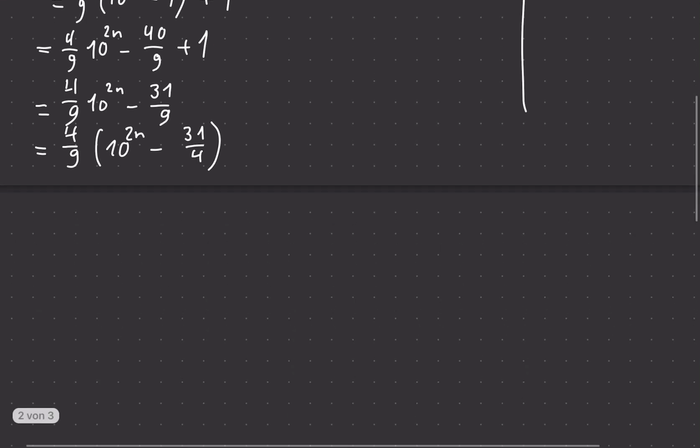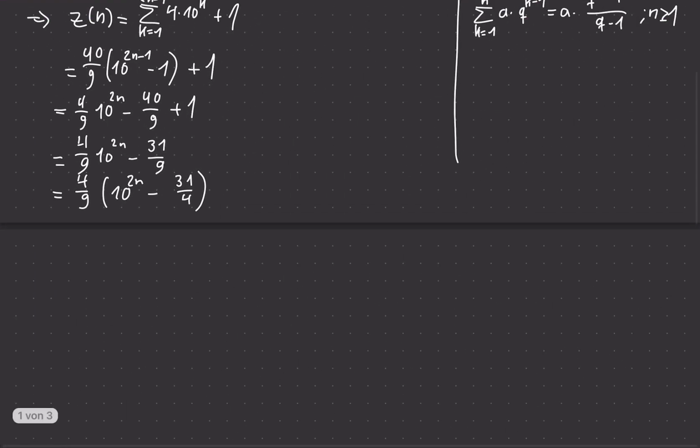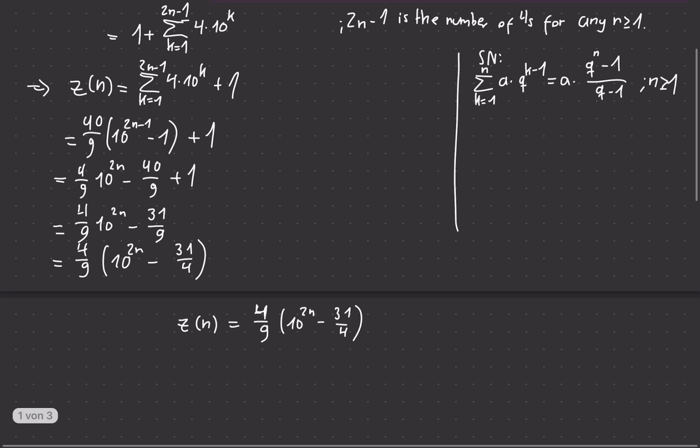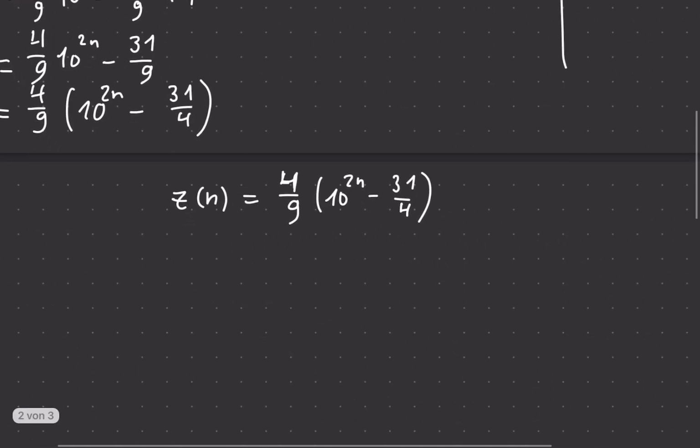Now that we have this formula for a set of n's, we could just go into the calculator and see which are the results for a set of n. And furthermore, we could take the square root to see if we get any natural number, and to check if this can be a perfect square.